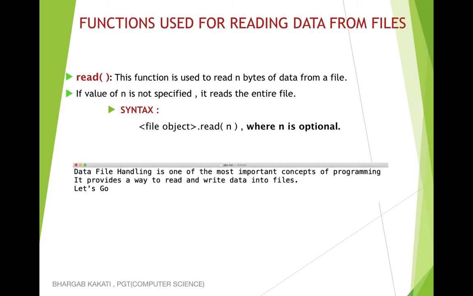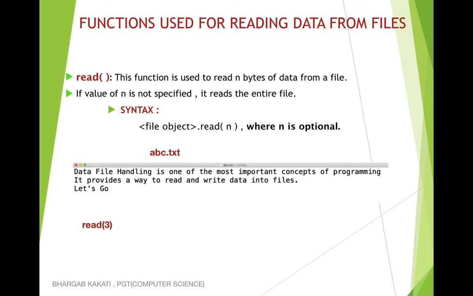Now, let's say I have a file. This is the file which we have created just now, which contains: data file handling is one of the most important concepts of programming. It provides a way to read and write data into files, and let's go. The name of this file is abc.txt. Now, if I write read(3), it will read the first 3 bytes of the given file.